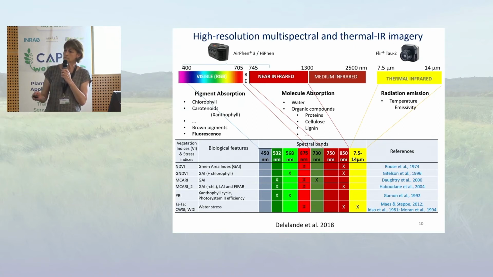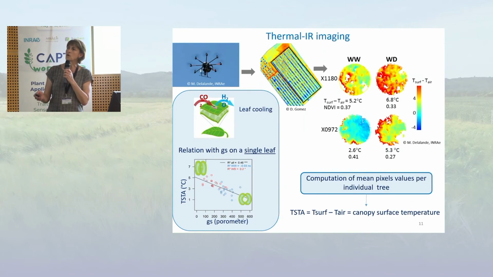Just a precision on how we calculate the temperature of the canopy. So this is what we get from the drone, from the camera. So what we did is to take each tree, a circle at the middle of the tree to extract the pixels and to compute the mean pixel value per individual tree for the well-watered trees and the water deficit trees.